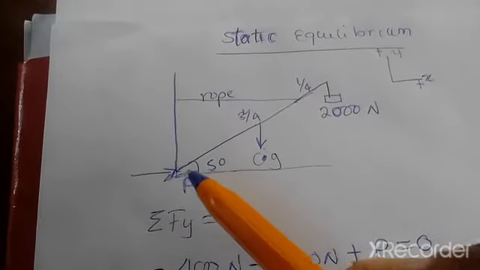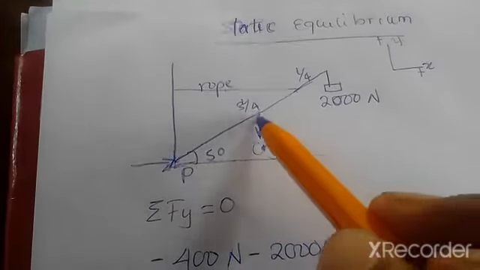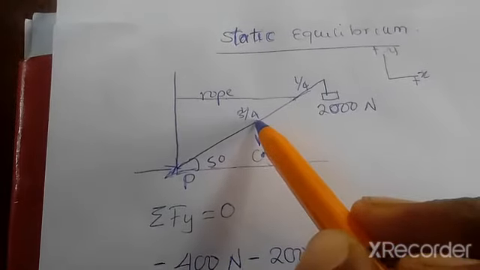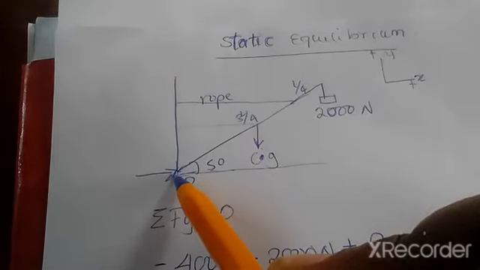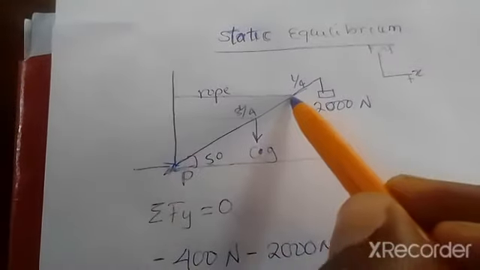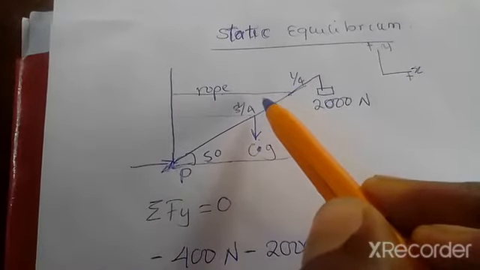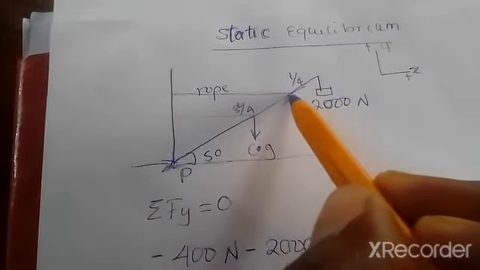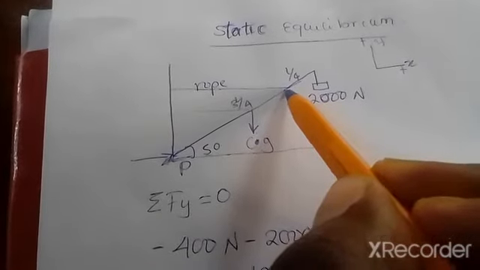Now, we know that for torque, we have to use the perpendicular distance. If you look at this, the perpendicular distance of this force is the distance from here to here. And then if we look at this rope, we're going to have to find the perpendicular distance of this rope, where this rope is positioned. Which one do you think it will be?